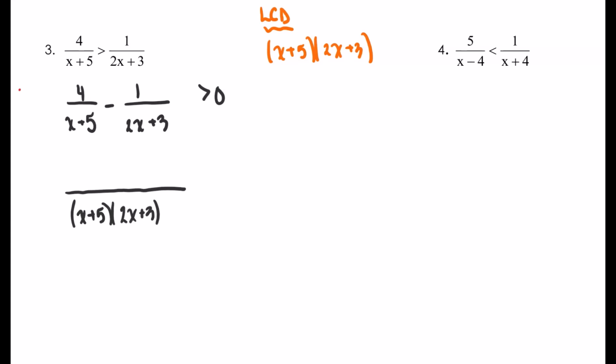All right, my first fraction is missing the 2x plus 3, so I need to multiply the numerator and denominator by that quantity. So notice that you would get 8x plus 12.